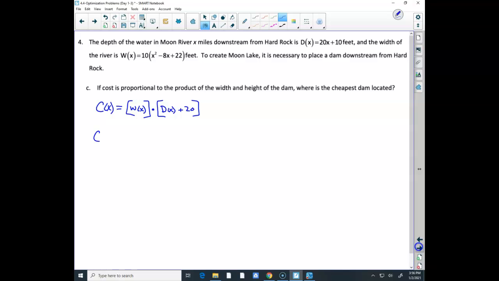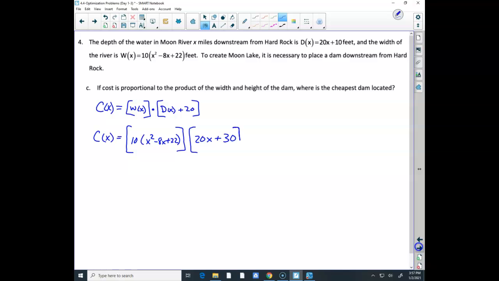So my cost function, the way I did it, is I'm going to look at 10 times x squared minus 8x plus 22 times 20x plus 30, because it was 20x plus 10.